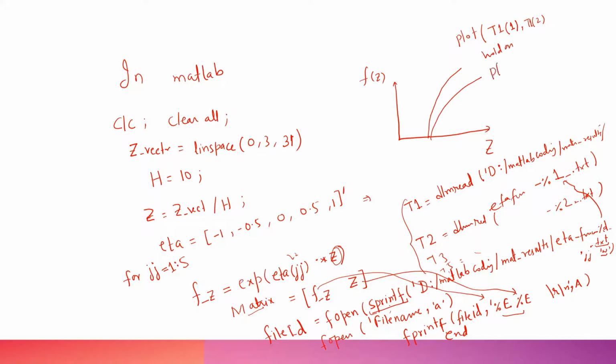Then again plot T2 of 1 comma T2 of 2. So it would plot the second function, that T2 of 1 would be this one, f g, and T2 of 2 would be this, for eta equals the second value of eta.